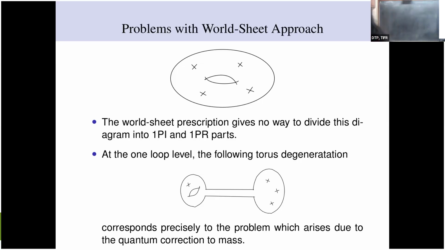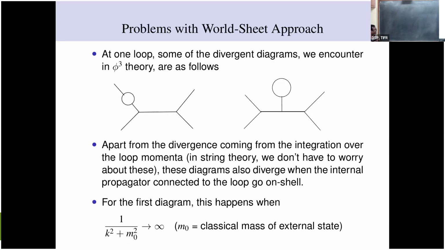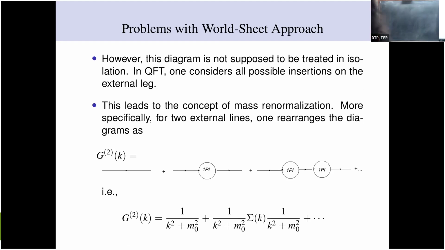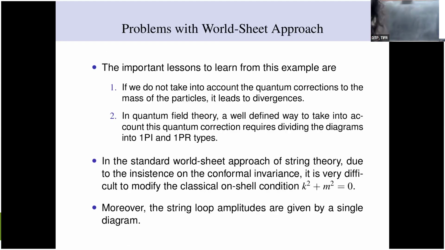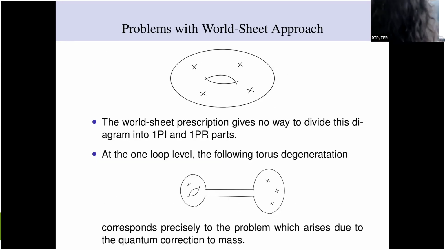This particular region corresponds precisely to this kind of divergence, because of this k squared plus n squared going to infinity.